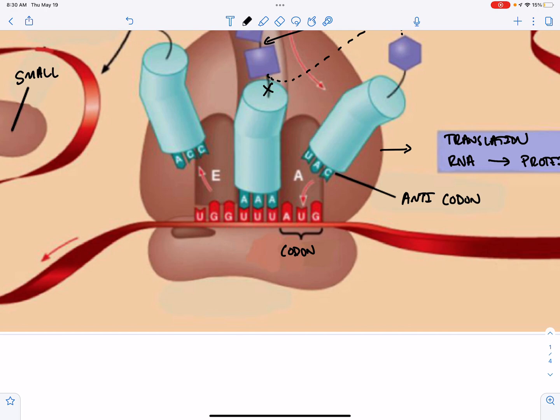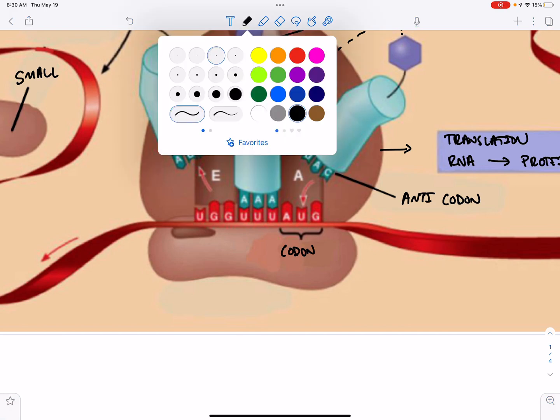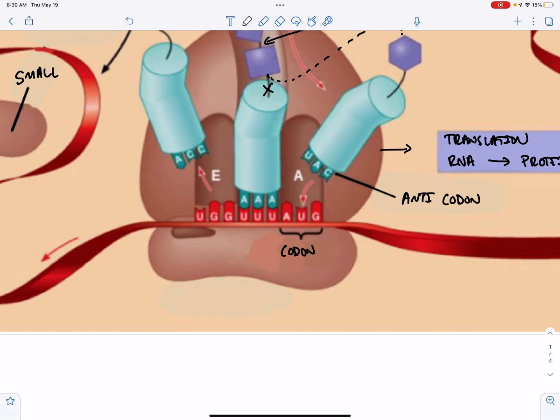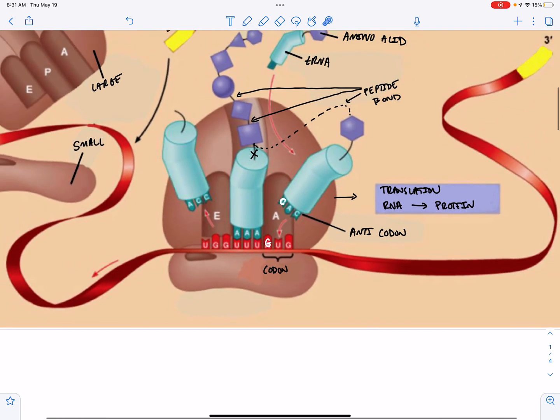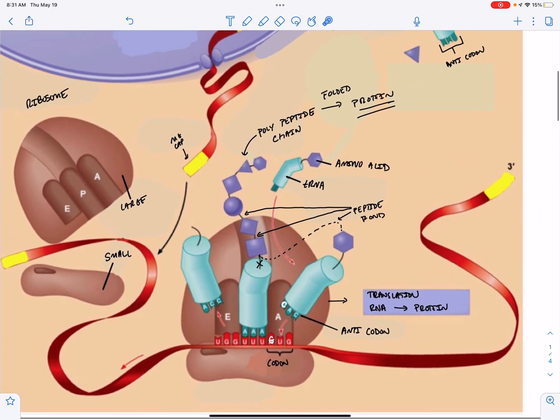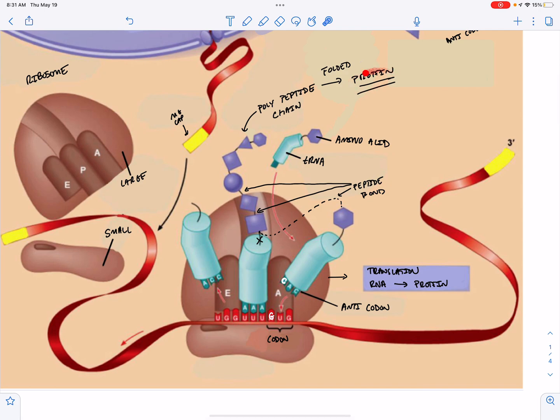So maybe instead of an A here, this is a G. If there's a G here instead of an A, this means that the tRNA that comes in here will be a CAC, which will change the amino acid that is brought to the chain, which will then change the structure of the folded protein and potentially ruin its function, maybe, or enhance its function.